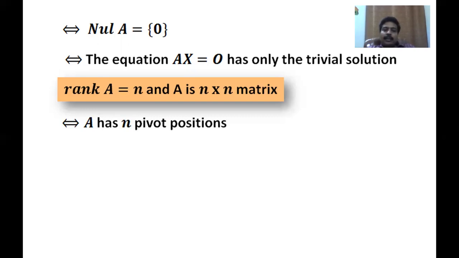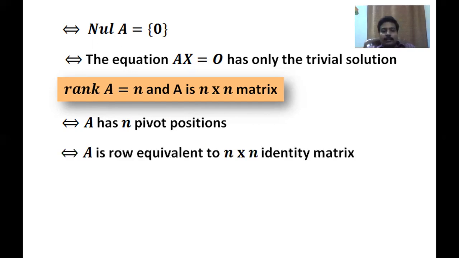Since rank A is n and there are n columns, A has n pivots. All the columns are pivots. So A has n pivots. From this we can say that rank A is n, and A is row equivalent to the n by n identity matrix.